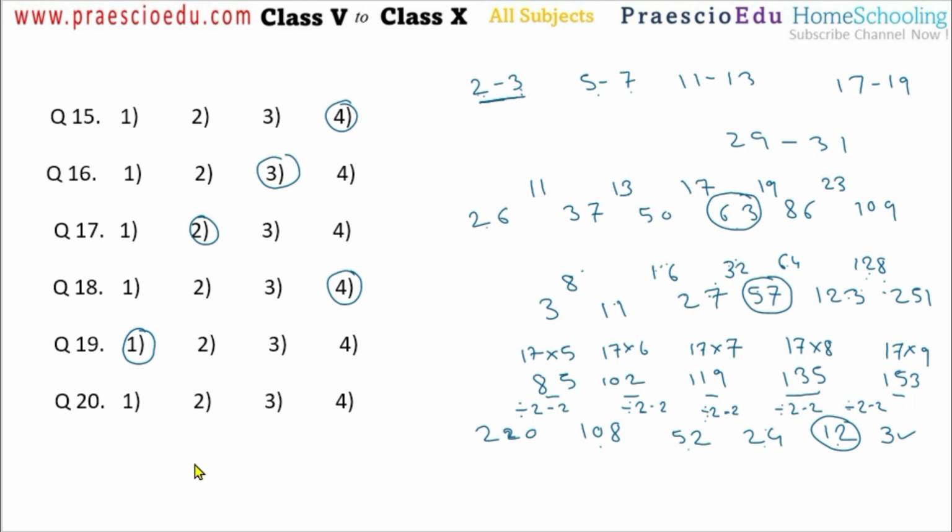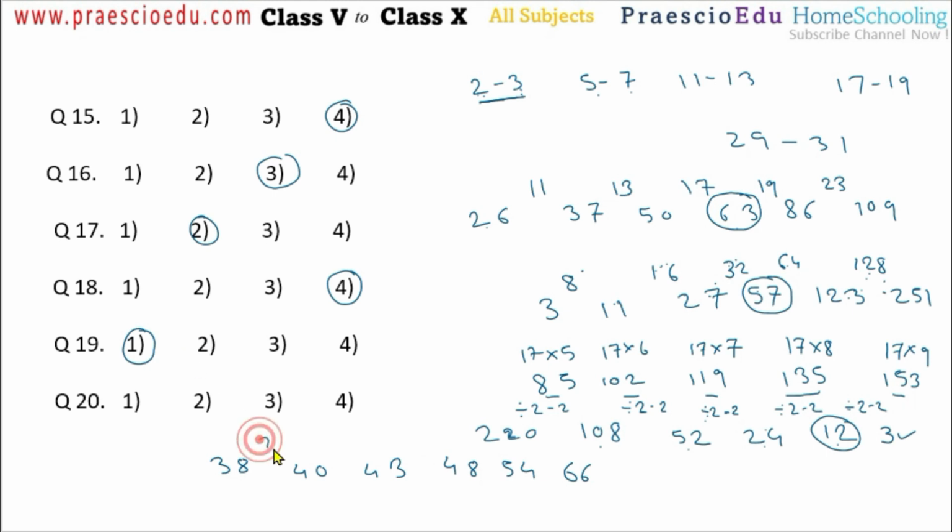Now question number 20, 38, then 40, then 43, then 48, 54, and then 66. So here prime numbers are added consecutively from 2. Okay, so from 2, 3, 5, 7, like this, the consecutive, or we can say successive, prime numbers are added.